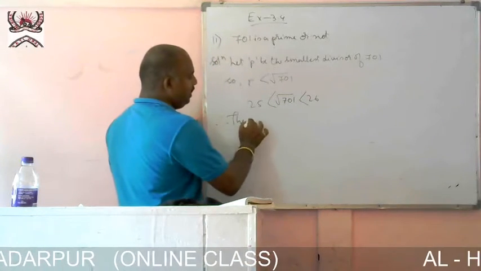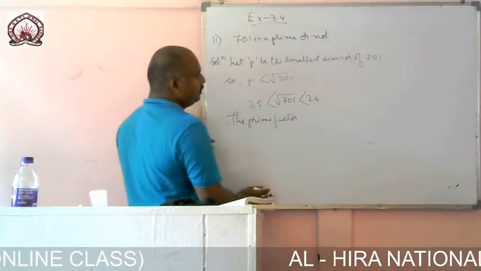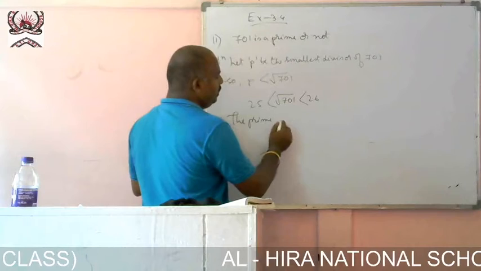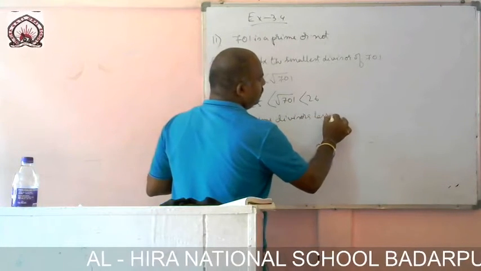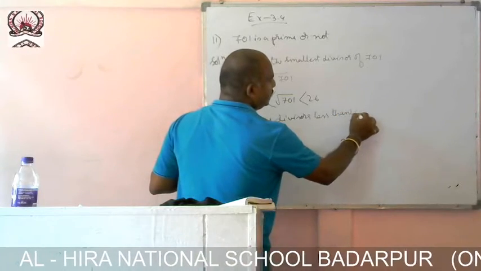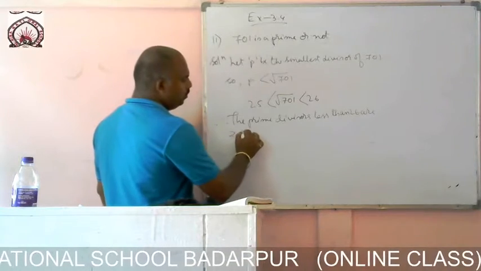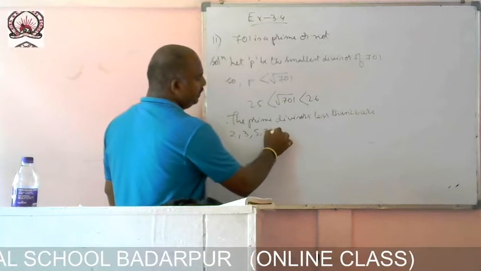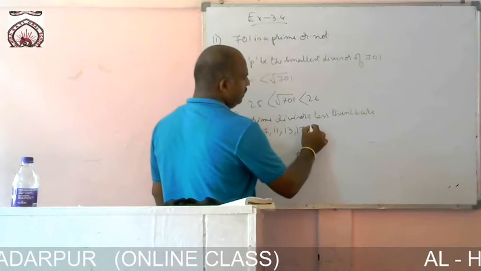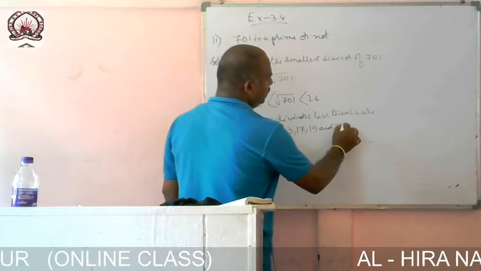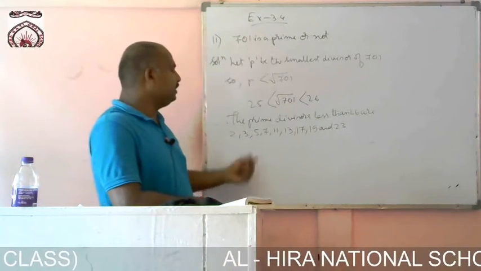Therefore the prime divisors less than 26 are 2, 3, 5, 7, 11, 13, then 17, then 19 and 23.